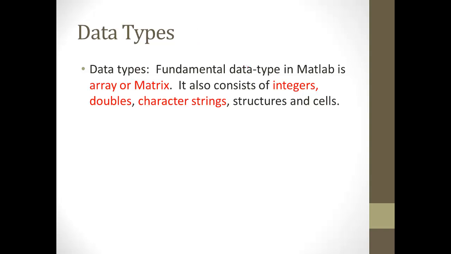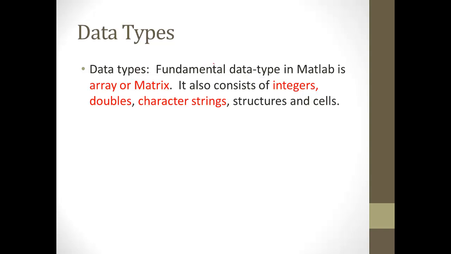In order to understand the image types, we also need to understand the data types. You guys know in C, Java, and a bunch of languages, we always need to define the data type. In MATLAB, we already know the fundamental data types are array or matrix.